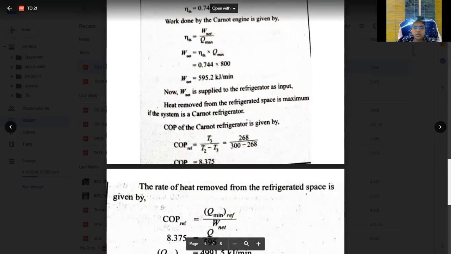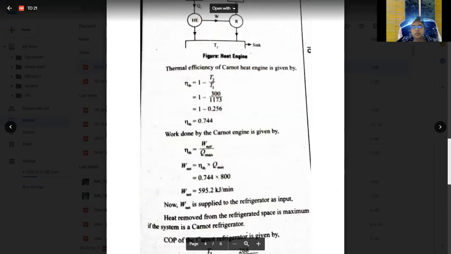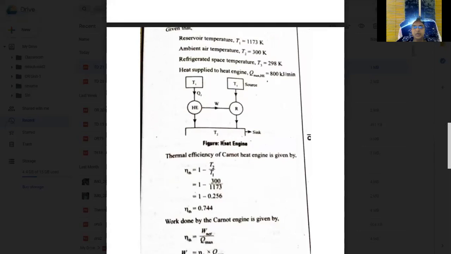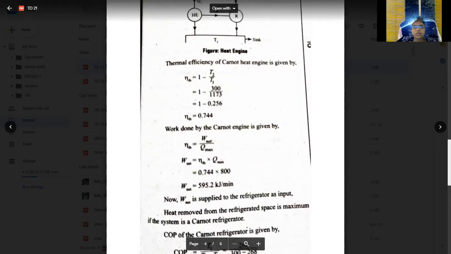We know that for a Carnot refrigerator, the COP is the desired effect over the work done. What is our desired effect here? Our desired effect is T3, and the work done is the difference of the two temperatures.